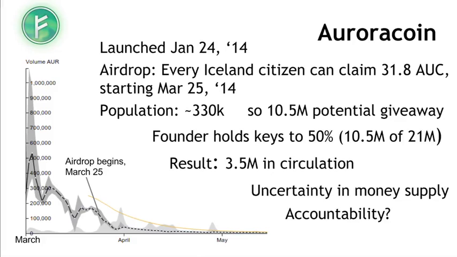Now I want to tell the story of an altcoin called Aurora Coin, which is fairly controversial. It's been widely considered either the most successful scam or one of the least successful altcoin launches. Now, the theme of Aurora Coin is that it's intended to be an altcoin that supports citizens of the country of Iceland.